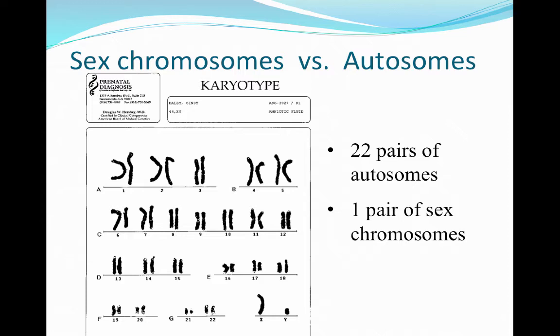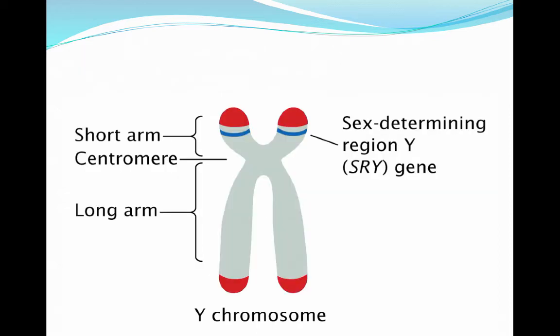Here is a karyotype for Dr. Daly's youngest son, Robbie, and he's clearly a boy, as he has a Y chromosome, which is much smaller in total size compared to the X chromosome. In our human species, we have 22 pairs of autosomes and 1 pair of sex chromosomes.